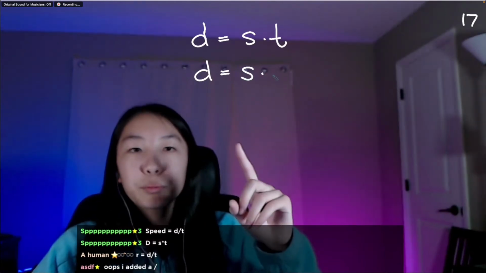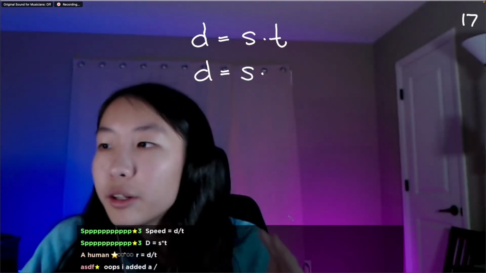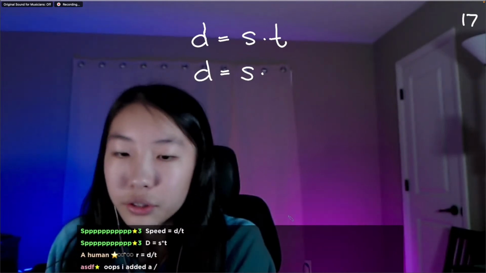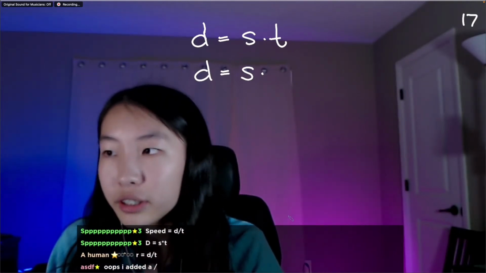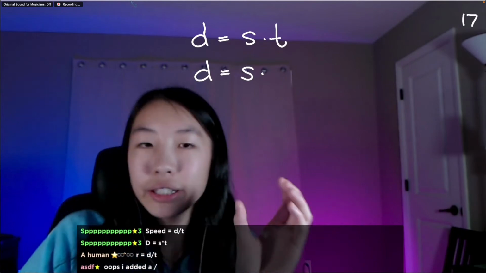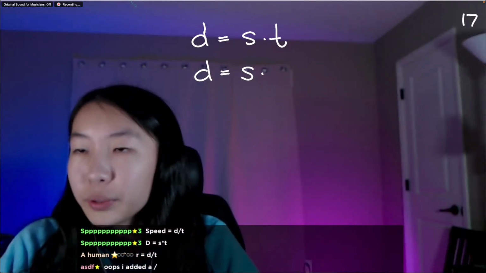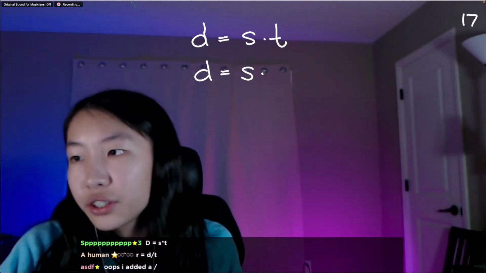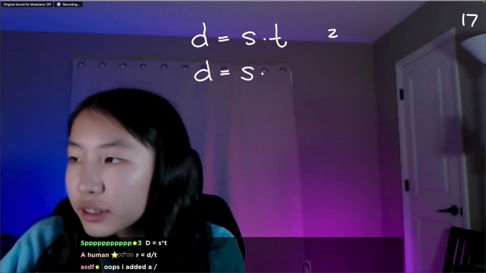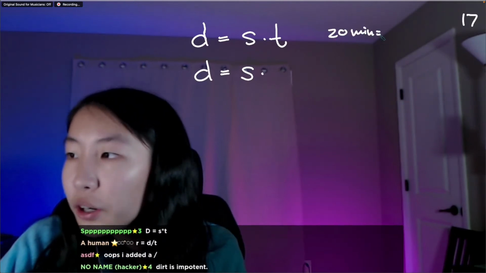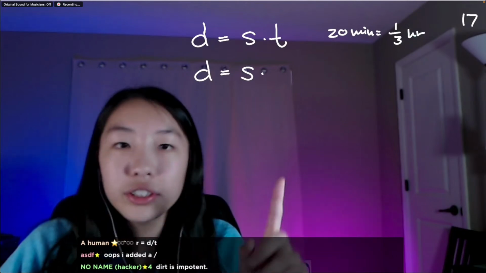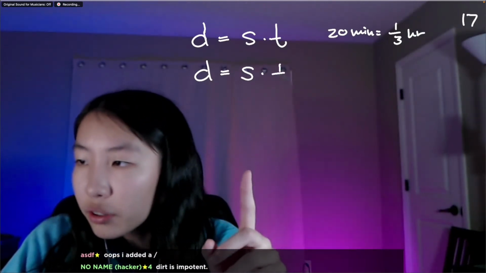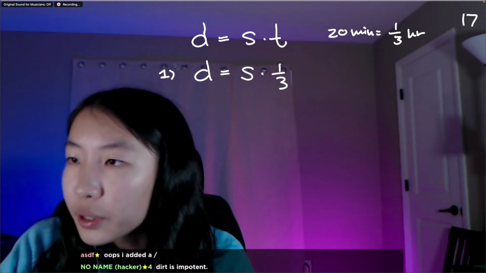And remember, in this problem we were given a speed in miles per hour. And so as was mentioned earlier, we want to actually convert our minutes to hours first so we stay consistent with our units. So 20 minutes is also 1/3 of an hour. So this over here is going to be 1/3. So this is scenario number 1.